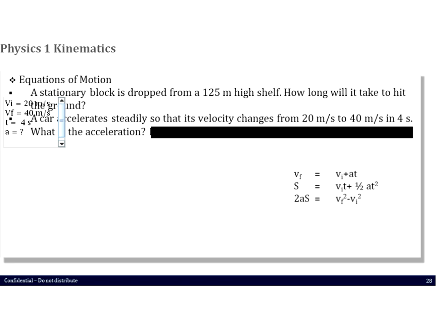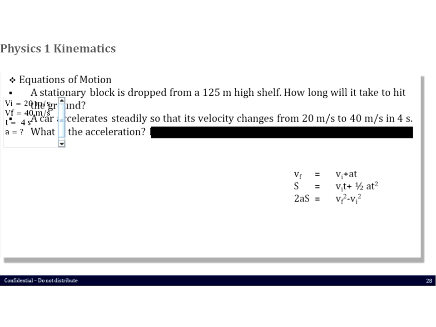So Vf, Vi, A, and T all together in first equation of motion. So let's use that. Vf is equal to Vi plus At. Okay. So just plug the values. Vf is 40 is equal to Vi is 20 plus A, we don't know, and T is 4.